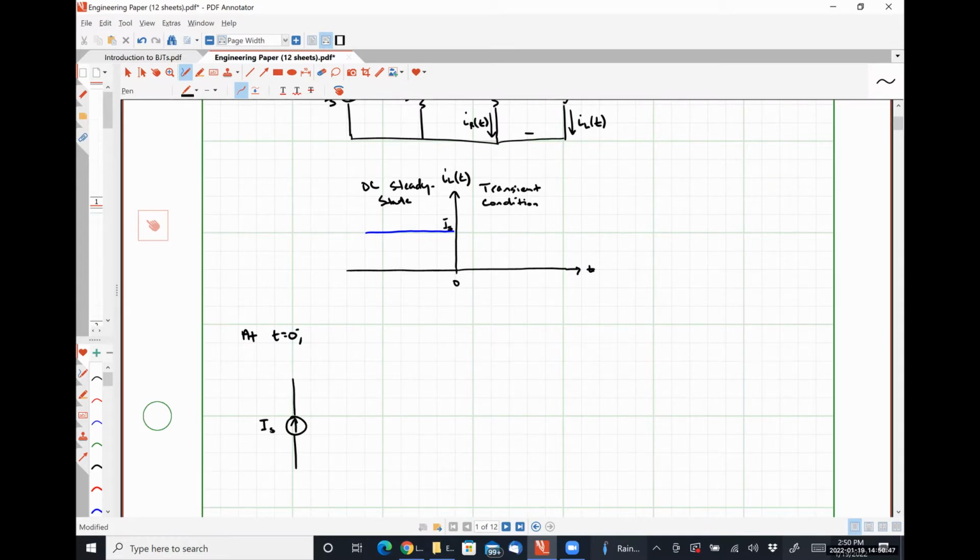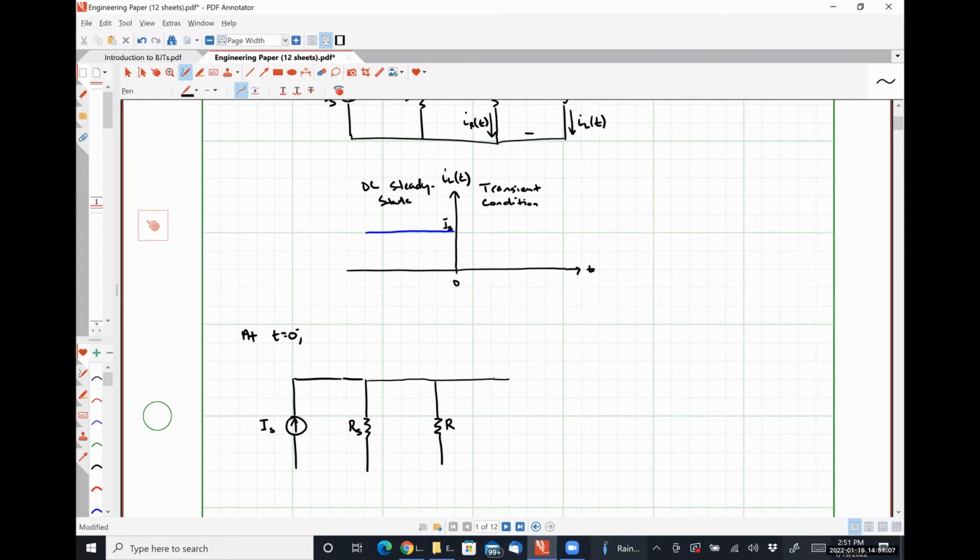We have our source IS connected to our resistor RS, connected in parallel to our resistor R. So our switch is closed at t is equal to 0 minus.